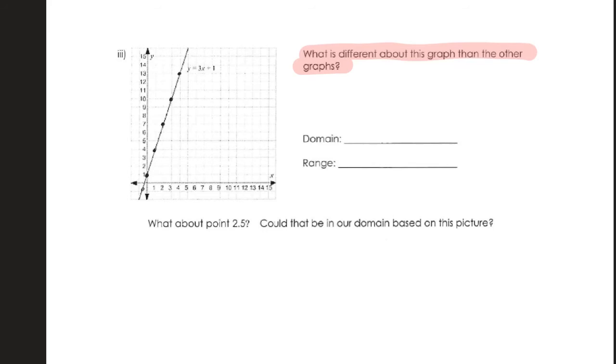And maybe we start to go, okay, so that was an x value of 0 and 1 and 2 and 3 and 4. And we start to say, well, there's my domain. Take a look at the question that I've asked on the bottom. What about points at like 2.5?